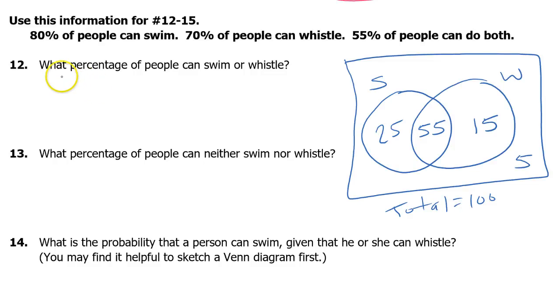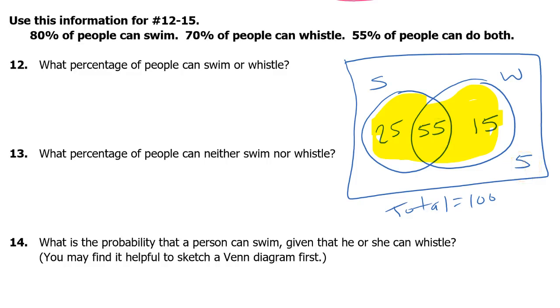What percentage of people can swim or whistle? Well, swim or whistle, that means all of these people. All of these people can swim or whistle. So that's going to be 95. That's everybody except for the 5% of the people who can't do either.